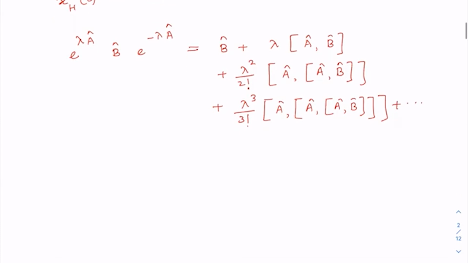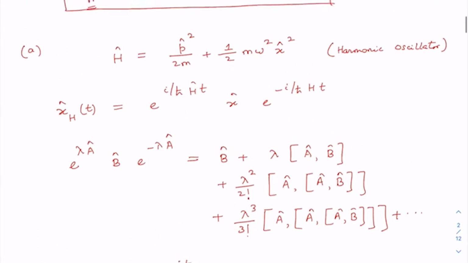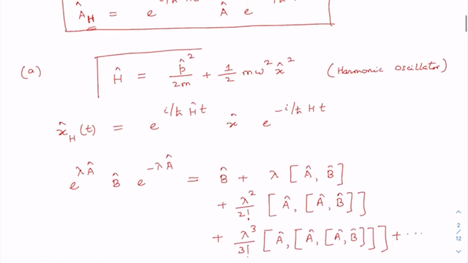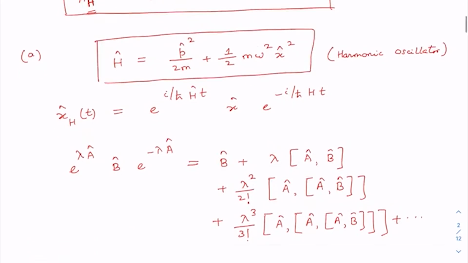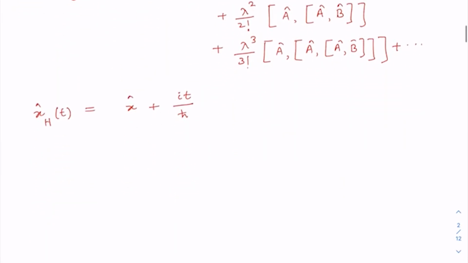So we have this Heisenberg operator for position. The first term would be x. Then here lambda is i t by h cross. I'm just taking the Hamiltonian; you have to put the Hamiltonian there, and e to the power i by h cross t, let me take it as lambda.